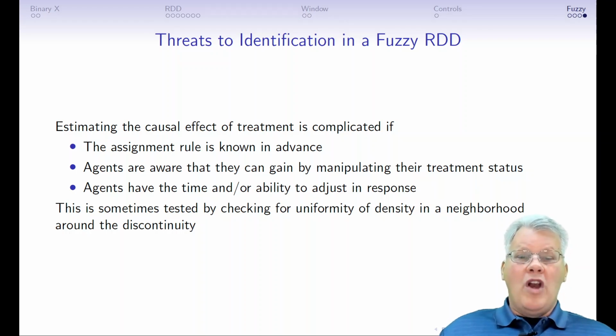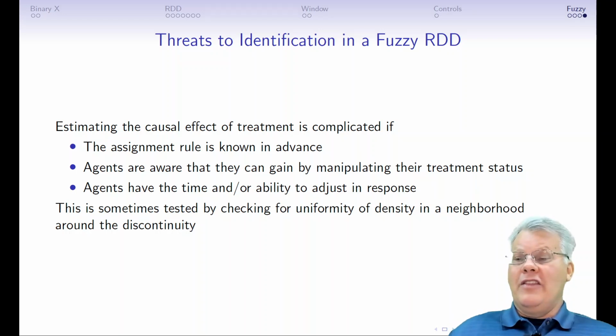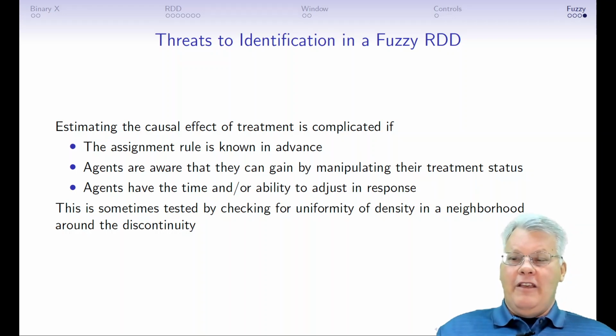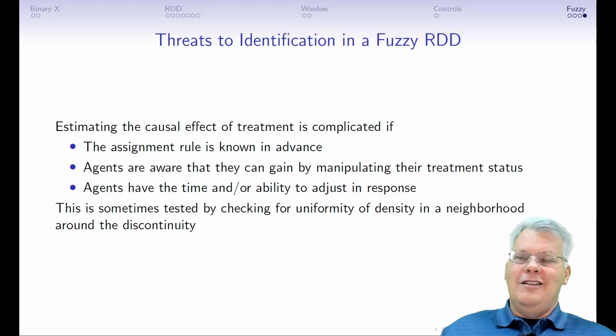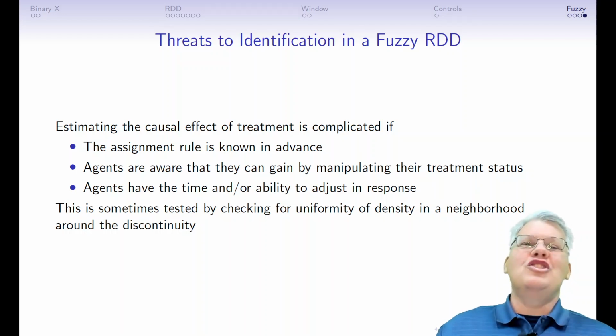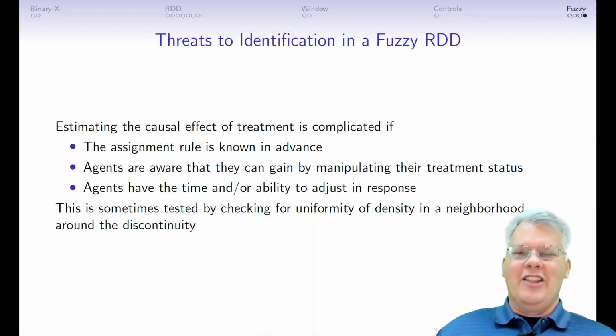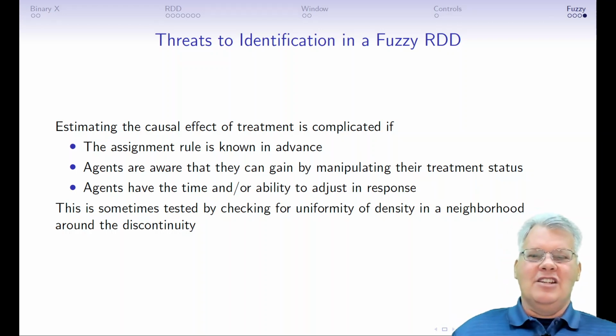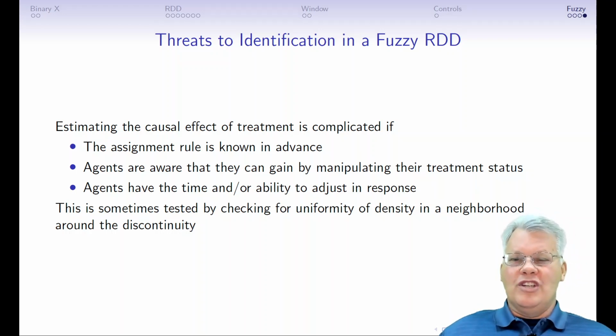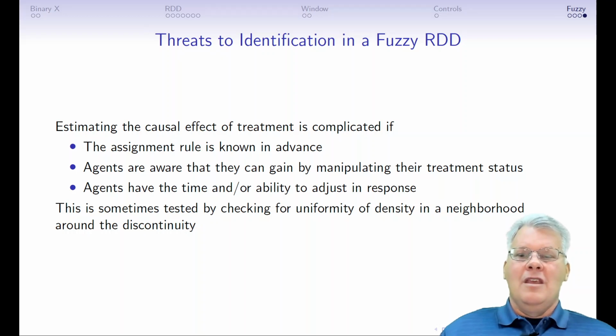This is a problem if agents are aware that they can gain by manipulating their treatment status. So if the rule is known, if subjects knew that a Baylor degree would substantially increase their income, that would affect their willingness to pursue activities that would increase the likelihood of treatment, and agents have the time and/or ability to adjust in response.